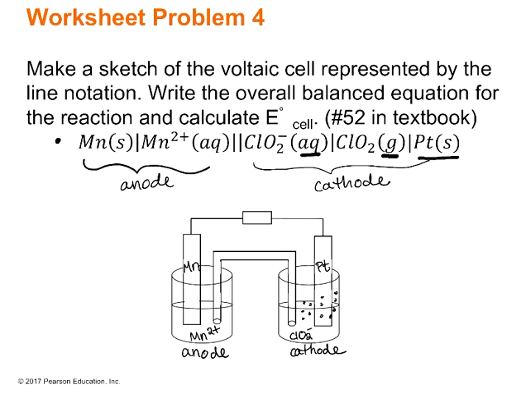Now, are electrons going from the left to the right or from the right to the left? From the left to the right. So that's pretty standard. Okay, so now we're asked to write the overall balanced equation and calculate E cell.